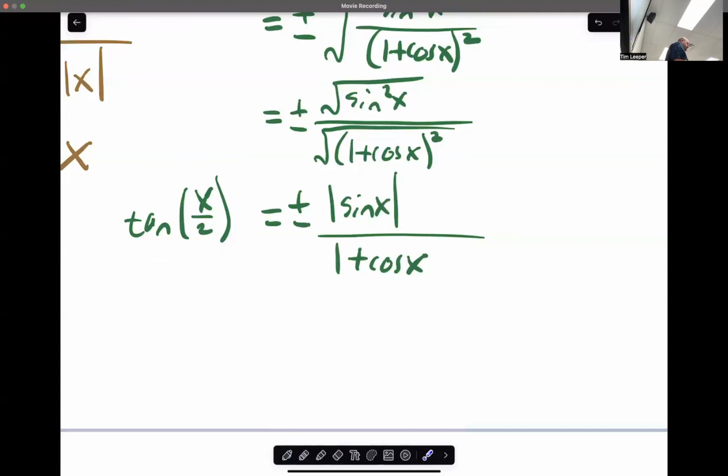And that has to do with the periods and frequencies of these. Because sine and tangent both are 0 at 0. And the fact that we have an over 2 over there, the period for tangent, instead of pi over, it's pi over 1/2, which gives us 2 pi. So as a result, sine of x and tangent of x over 2 have the same period. And so they'll have the same sign at the same places. So therefore, this is simply the sine of x over 1 plus cosine of x.